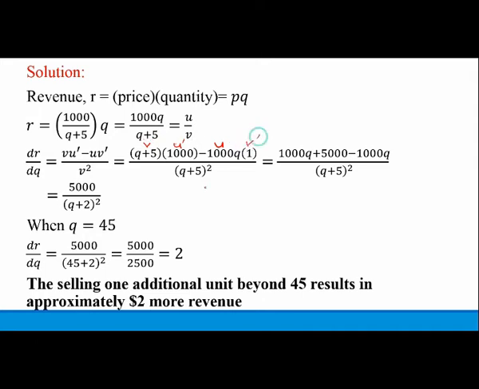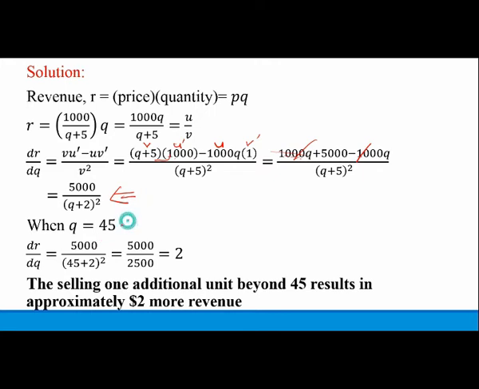This is v prime, and in the end you multiply inside for both sides, 1000Q, 1000 with 5, 5000 minus 1000Q, and then you can eliminate this one, it will become 5000 divided by Q plus 5 to the power of 2.